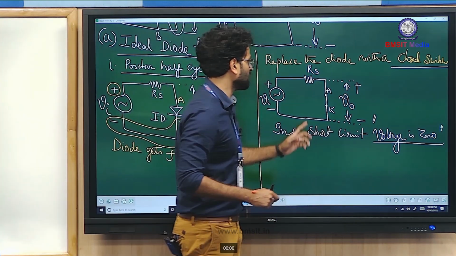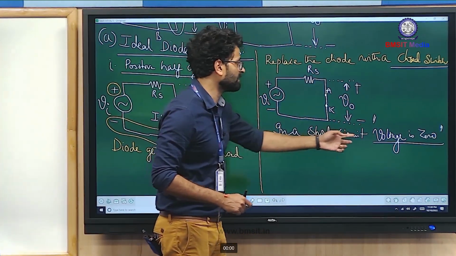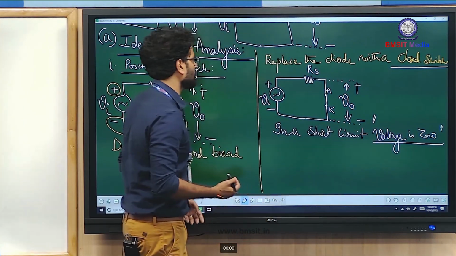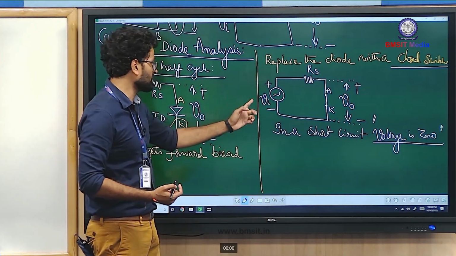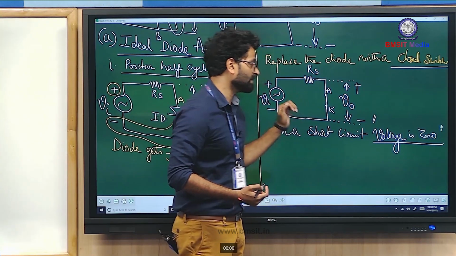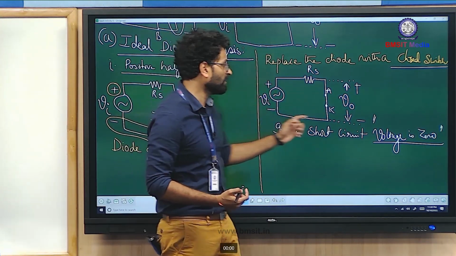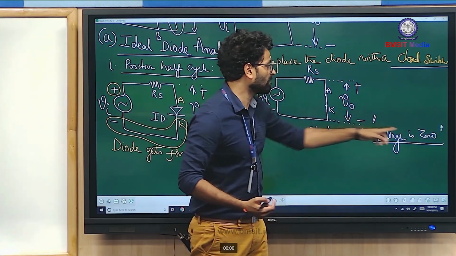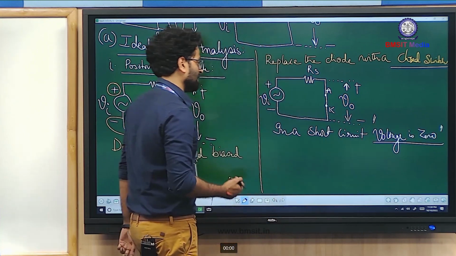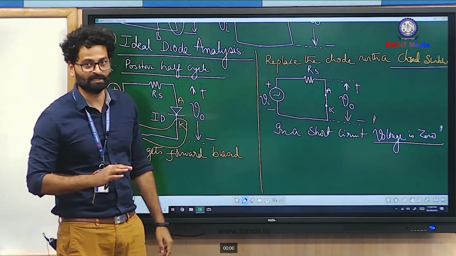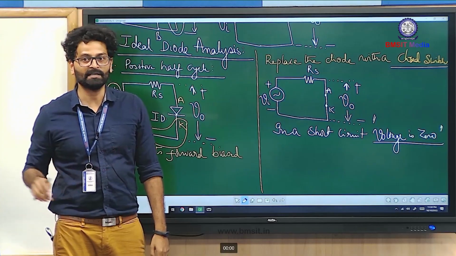So in a short circuit situation, the output voltage becomes 0. You can say that the entire positive half cycle is being clipped. And at what level are we going to clip? We are going to clip the input voltage at the 0 volt level. So the entire positive half cycle of the input is going to get clipped.